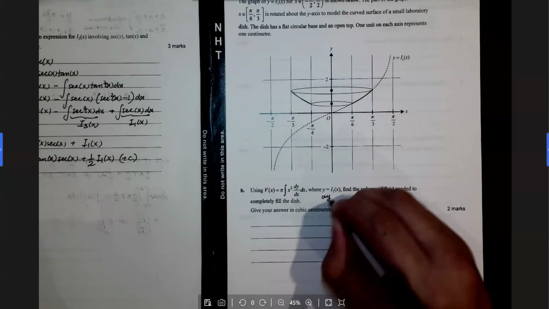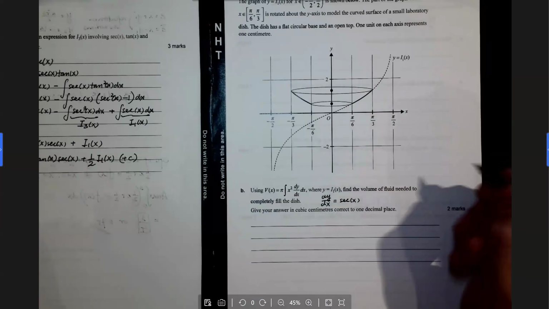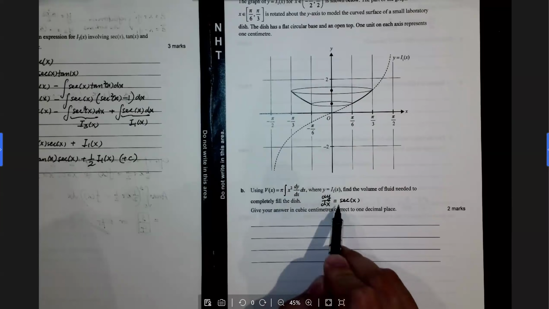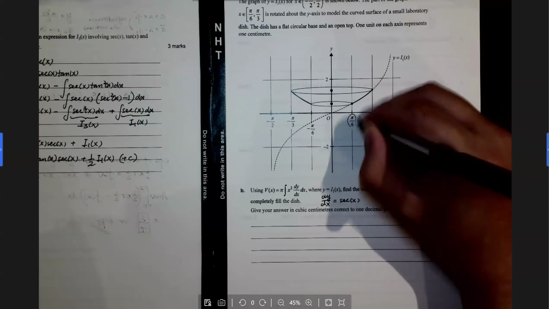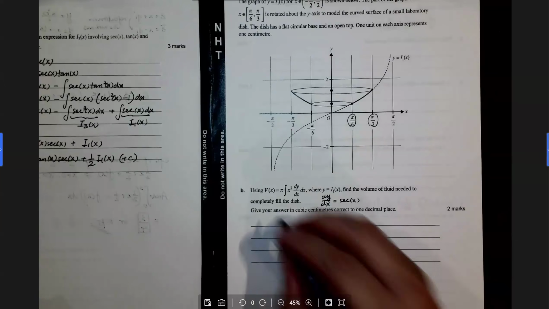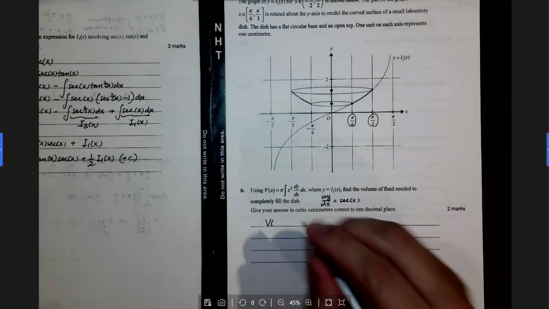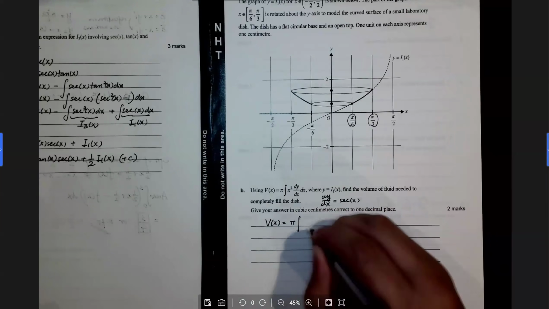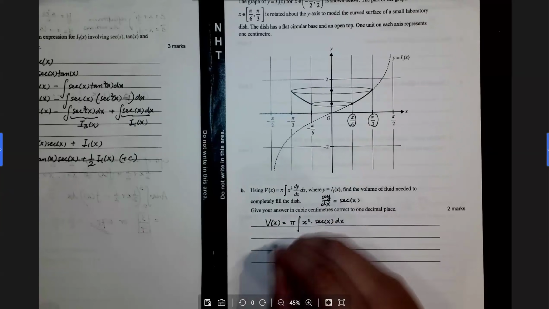So if y is I1 of x, dy dx is just secant x. This is x squared, this is secant x, this is dx. And my integration goes from the y value here to here, but we can actually change back to pi on 6 to pi on 3. So V of x is pi integral x squared times secant x dx.